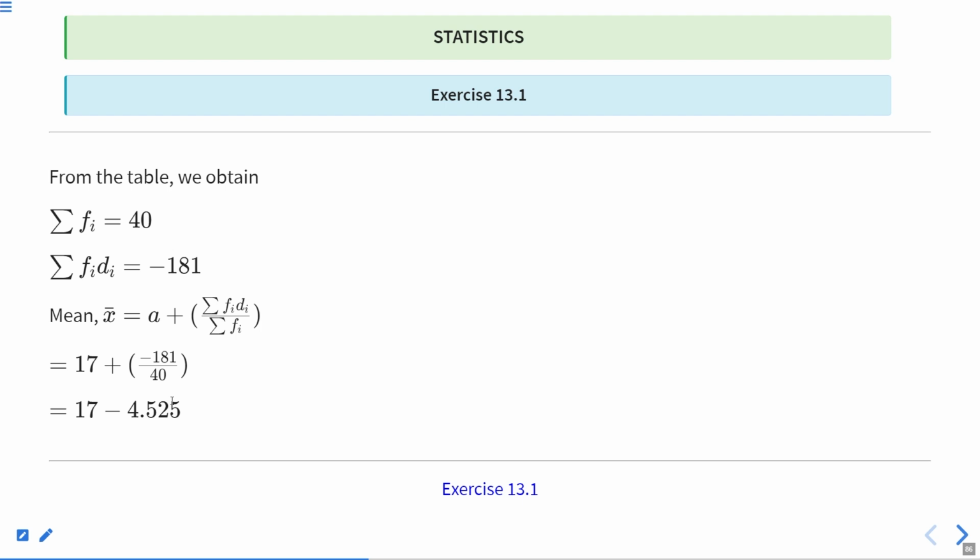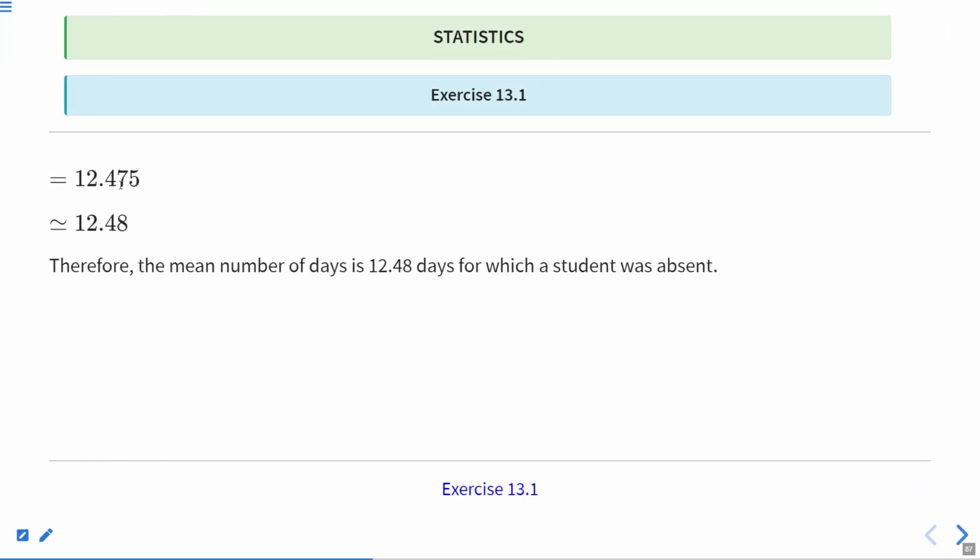So this is equal to 12.475, approximately 12.48. Therefore the mean number of days for which a student was absent is 12.48 days.